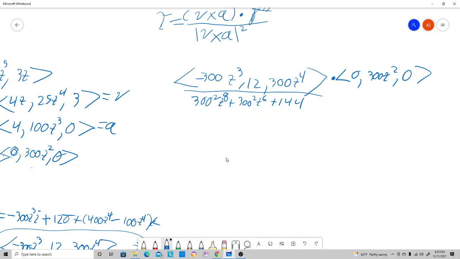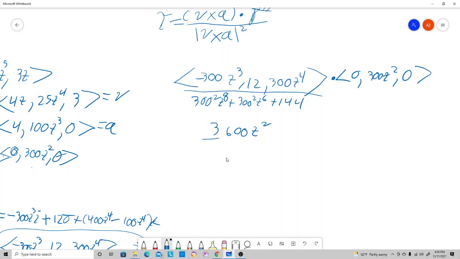So let's do it. The i component will go away because you're multiplying by 0. The j component will not go away, and it will just be 12 times 300t squared, which is 3,600t squared, and the k component will go away.